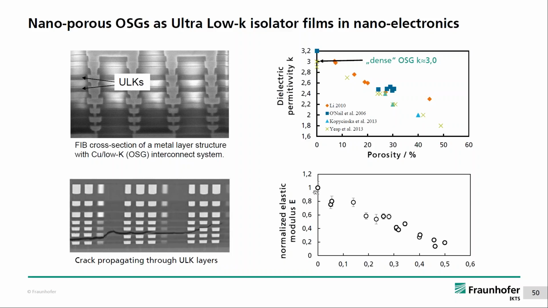But in the same manner, the Young's modulus also decreases linearly. It's almost the same behavior. The problem is, if you have a very low modulus, the fracture resistance also decreases. So if you use these materials, it's very likely to get catastrophic cracks in your microelectronic structure. So to optimize these materials, what you want to have is high modulus and low K value.